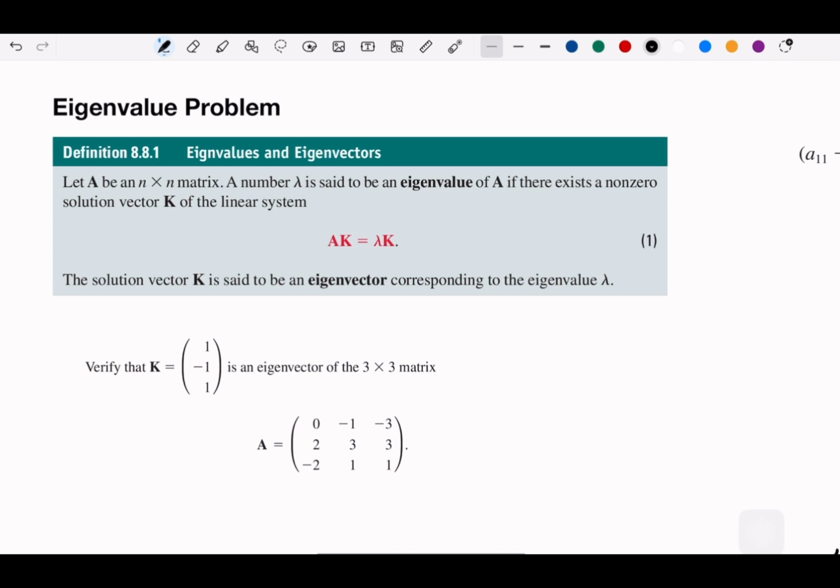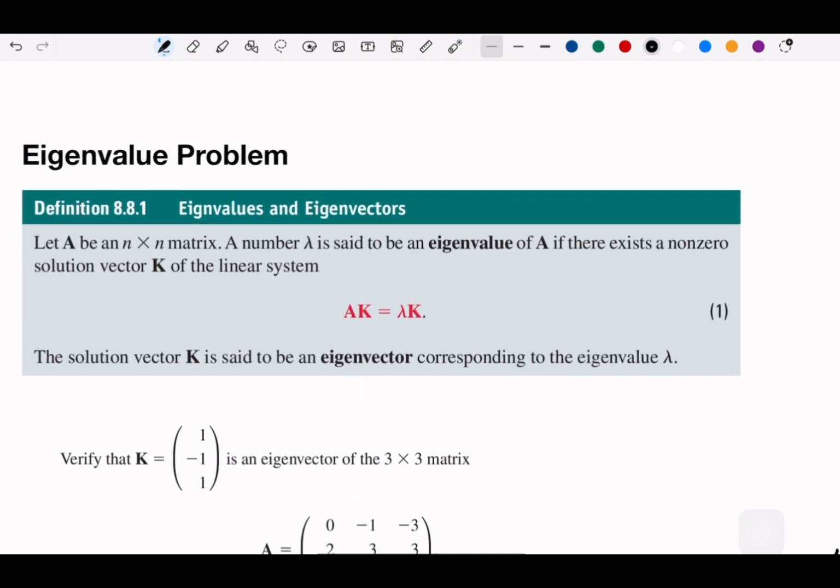So if we have some matrix A, a square matrix of size n by n, and we have K, so let me write here, I think it's still not defined very well. So A is n by n, and then K is an n by 1 matrix.